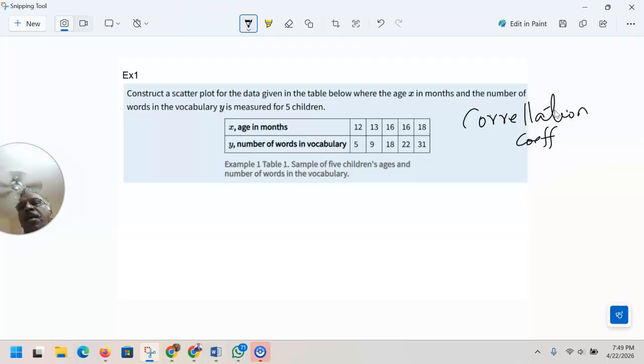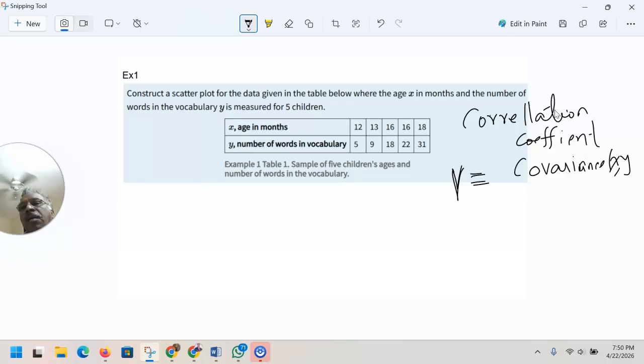It is denoted by R, and the actual formula for R is the covariance of x and y, divided by the standard deviation of x times the standard deviation of y.